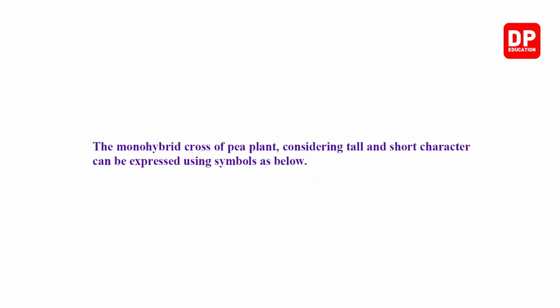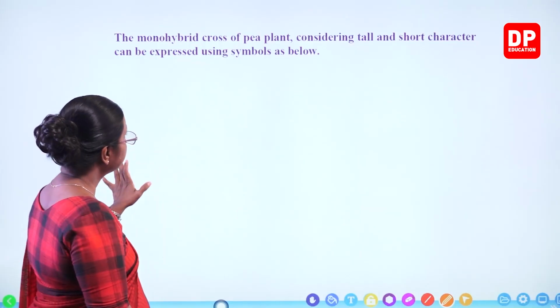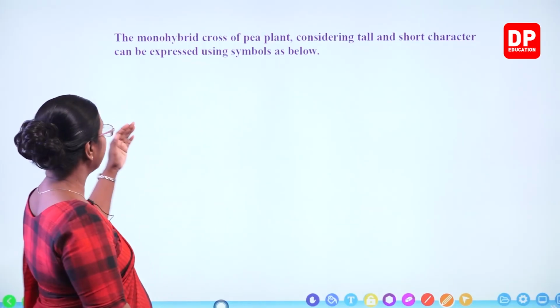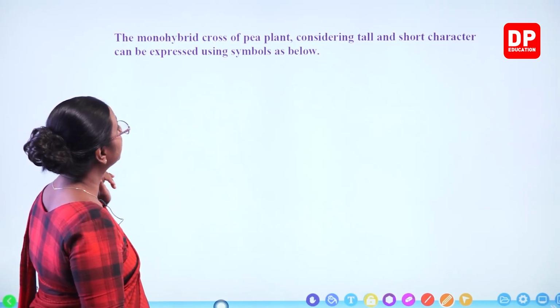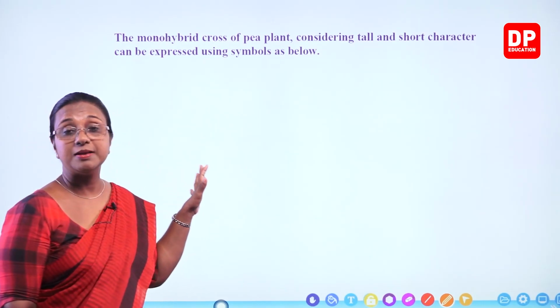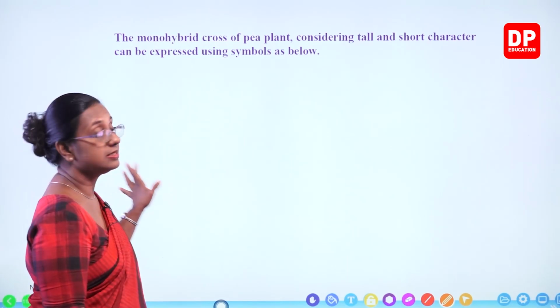So the monohybrid cross of pea plant, considering tall and short character, can be expressed using symbols as below. So this is what I told you all, how we can express the monohybrid cross that was observed by Mendel using the symbols.